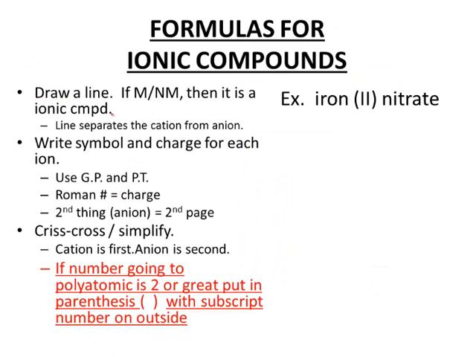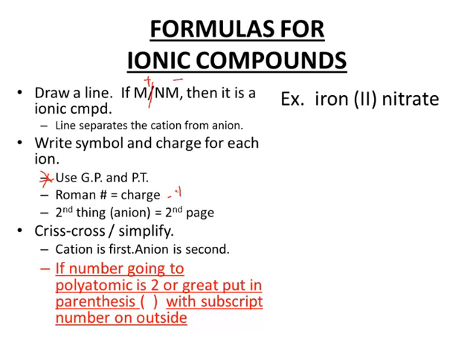So everything is the same for ionic compound naming and formulas. Again, we're going to start out by drawing a line. If we have a metal and a nonmetal, then it's an ionic compound. Remember the positive, negative portion. We're going to write the symbol and charge for each ion. Remember, we're going to use our gold packet and your periodic table. Roman numeral equals charge.